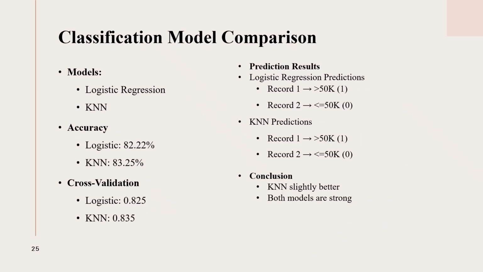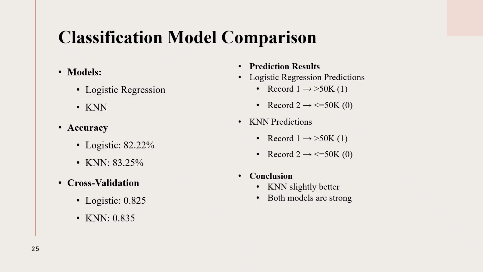So let's compare classification models, which are logistic regression and KNN, using the adult salary dataset. The logistic regression model achieved an accuracy of 82.22%, while the KNN model achieved a slightly higher accuracy of 83.25%.